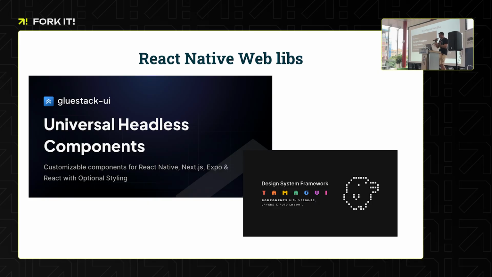By default with React Native you can develop Android and iOS applications, but some people also wanted to use the same code to deploy on web browsers. So you can have a project with React Native Web that works on Android, iOS, and the web. The two most popular libraries like this are Gluestack UI and Tamagui. Gluestack UI is the next version of NativeBase.